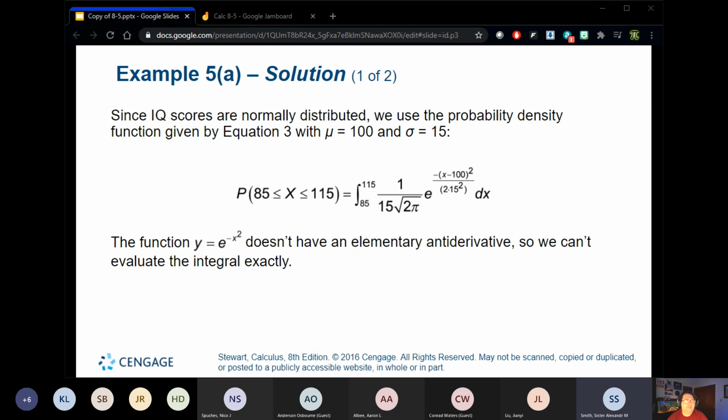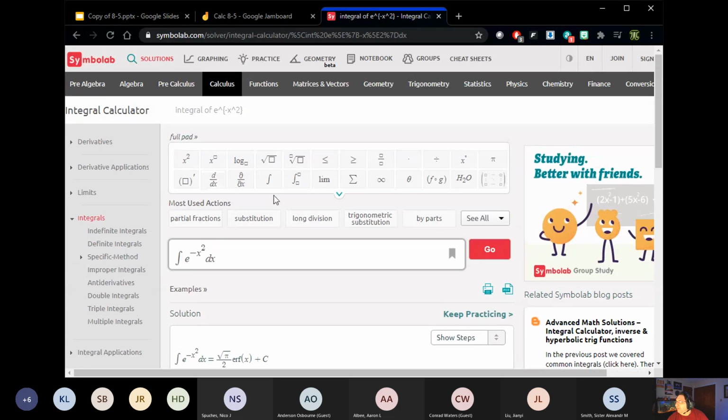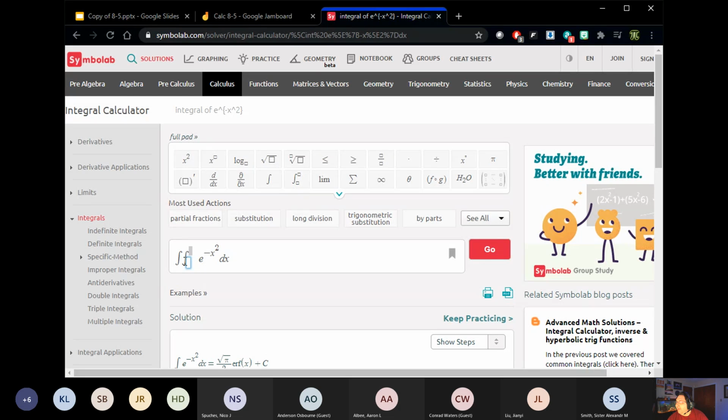So you could literally just type in e to the negative x squared on the calculator, and it should calculate it for you just like that, a normal graphing calculator. No. That's actually what I was going to show you. So it doesn't do that, unfortunately. So you actually have to use a calculator that does integrations.